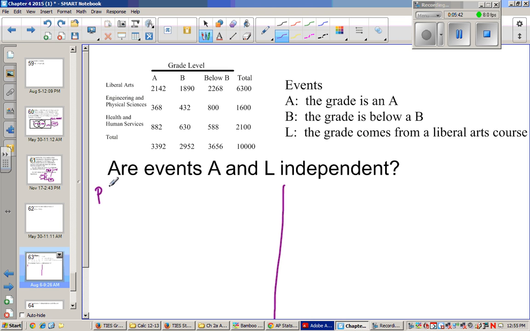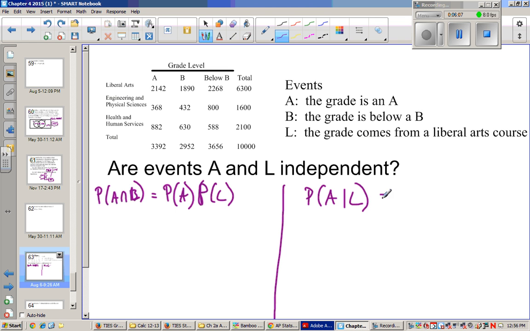We know that the probability of A and B, or in this case A and L, would have to equal the probability of A times the probability of L. This only happens if they're independent. So if you can find this, and they are equal, they're independent events. Or we could find the probability of A given L and see if that equals the probability of A. And if both of these are equal, then we can consider them independent events.